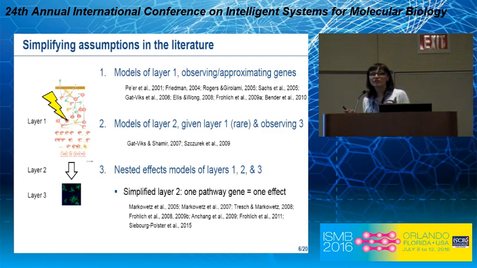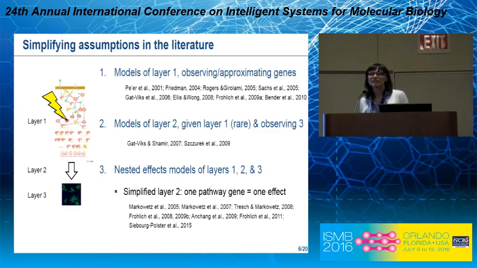They either do this by direct measurements of the states of the signaling genes, which is rare, or they approximate them with gene expression, which is a crude approximation. Other types of models are even more optimistic: they assume that layer one is known, its model is given, and they observe layer three of the effects, and they only model the intermediate layer of control.